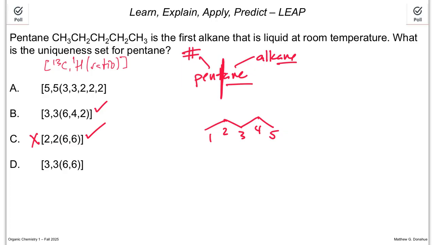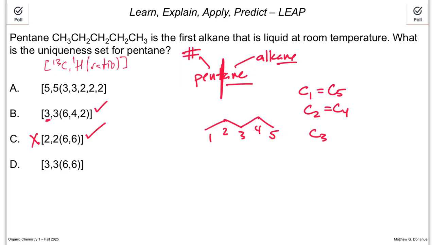What's the difference between C and B? C would be kind of a first approximation, and then B would be a refinement of that. There's an issue with C that doesn't jive up here. So for the line stretch that you drew, 1 would equal 5, 2 would equal 4, and then 3 would be by itself. So that would be 3 structures. And so that's why B would be correct.